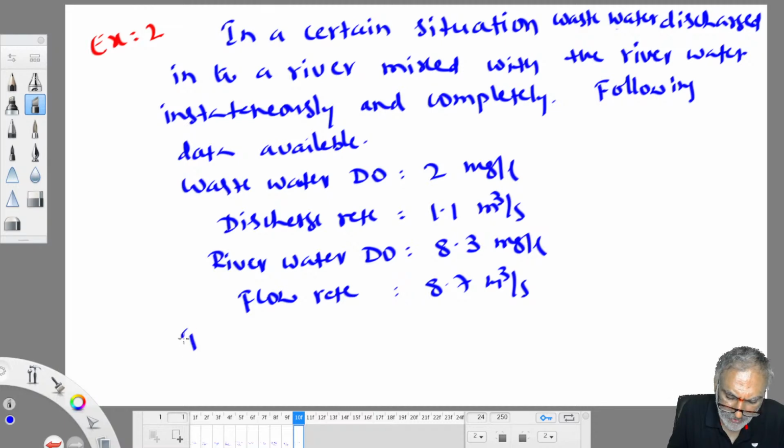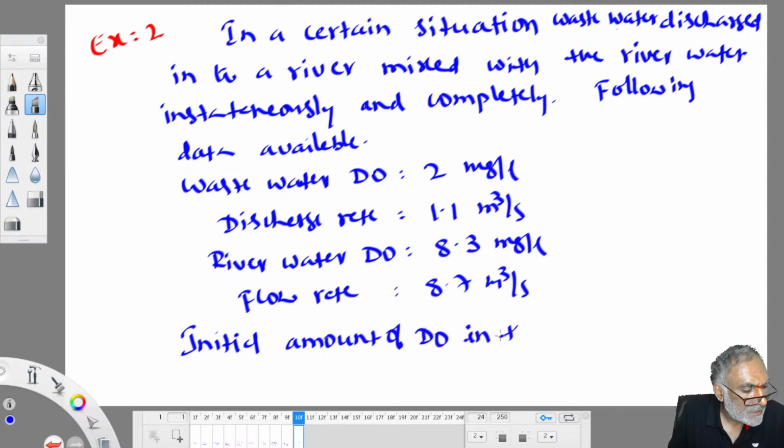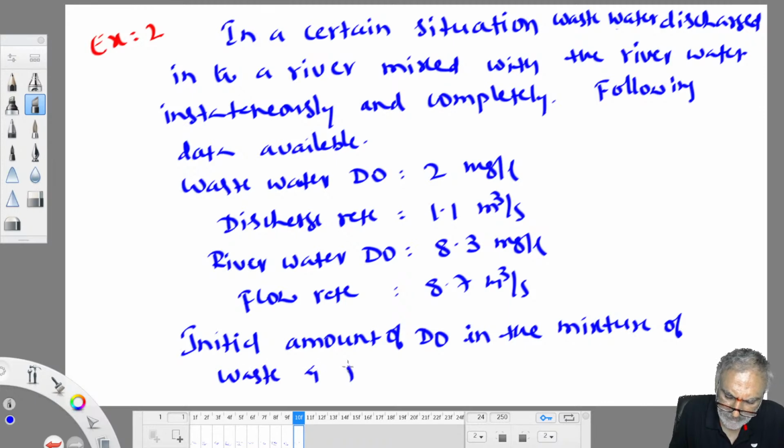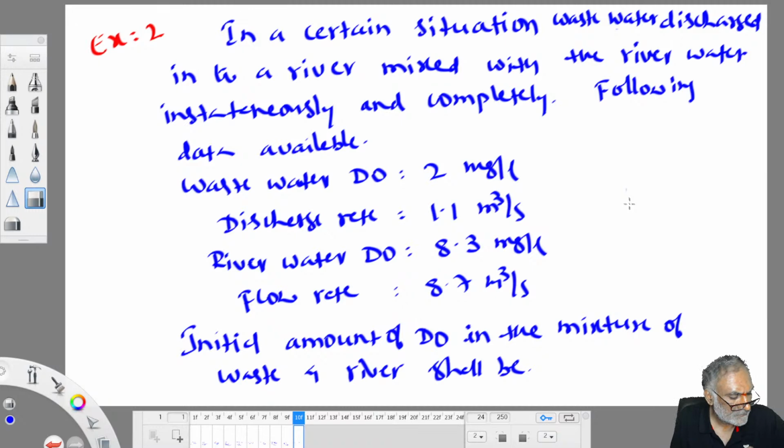Initial amount of DO in the mixture of waste and river shall be... that means he's asking indirectly DO mix. Come on, work out DO mix.